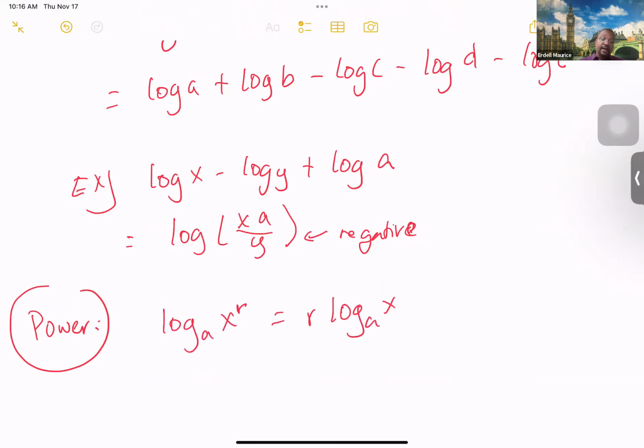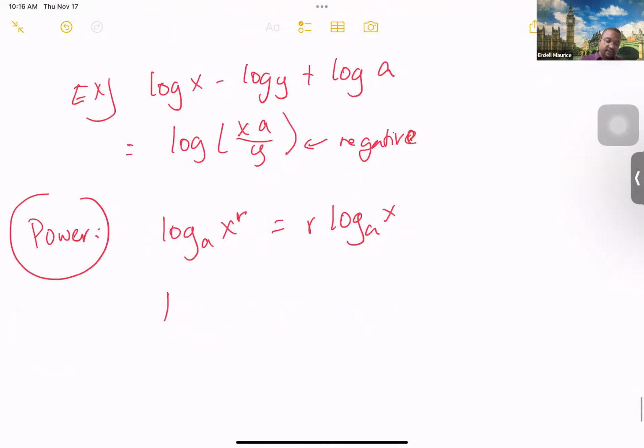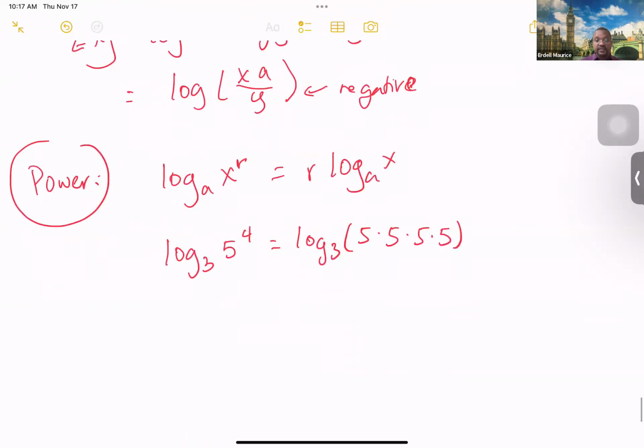Like I was saying, let's say I have log base 3 of 5 to the 4th power. Well, let me show you how the 4 gets in front. So log base 3 of 5 to the 4th power is really log base 3 of 5 times 5 times 5 times 5, right? The 4th power means multiply by yourself 4 times.